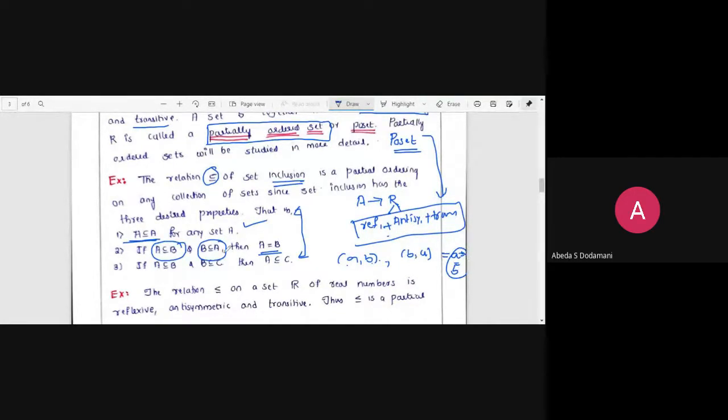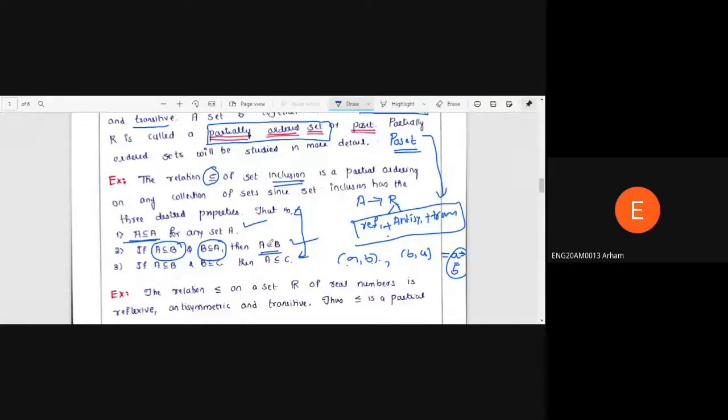You know that this is possible with subsets only when set A and set B are the same. If set A is 1, 2, 3 and set B is also 1, 2, 3, then automatically A is a subset or equal to B and B is a subset or equal to A, and they are the same. Are you getting this point?